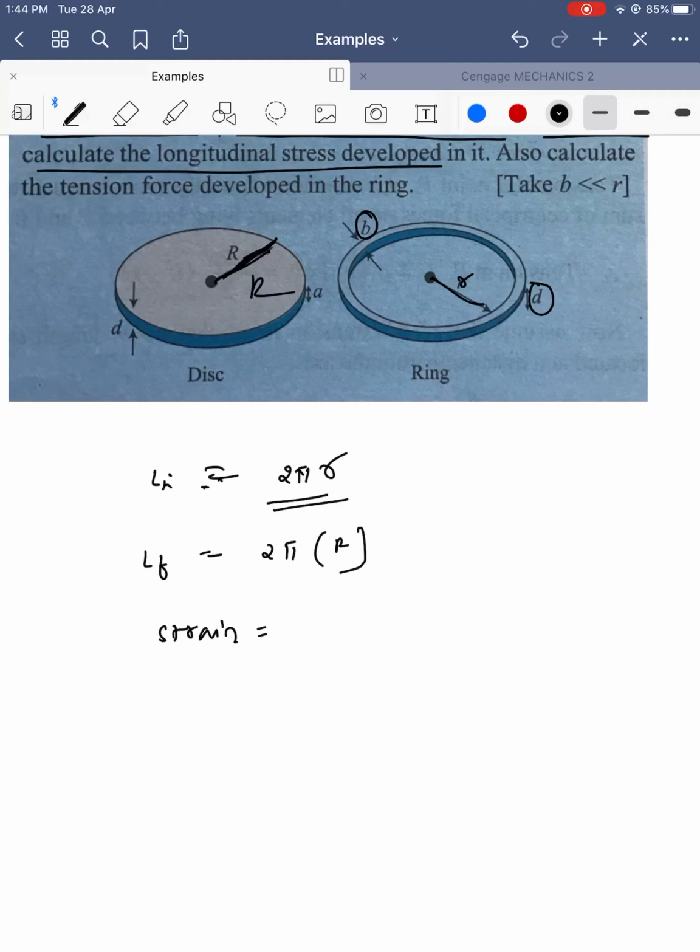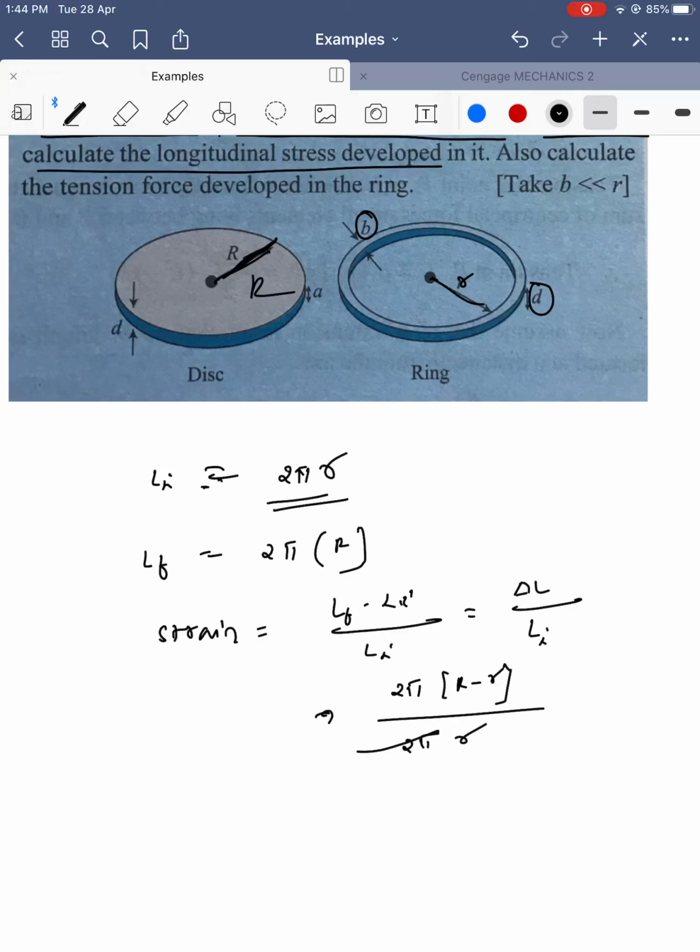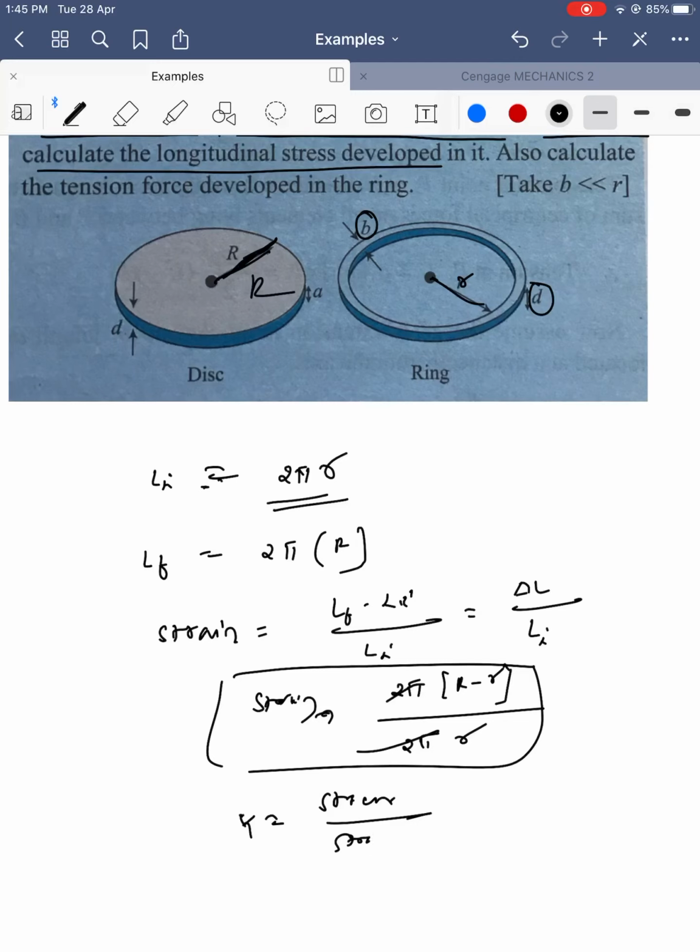Strain is nothing but final length minus initial length by initial length, which can also be written as delta L by L. Delta L is 2 pi into capital R minus small r, by 2 pi into small r. 2 pi gets cancelled. This is the strain. To get the stress, Y is equal to stress by strain. Stress is equal to Y into (R minus r) by r. So that's simple. Okay, let's go to the other question.